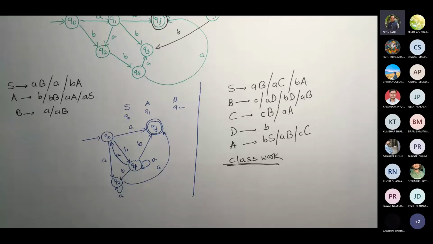Yeah, I got one. Pushkar. So QF, 3 transitions. Yeah. So Q0, Q1, Q2, Q3, Q4, Q0, Q1, Q3.